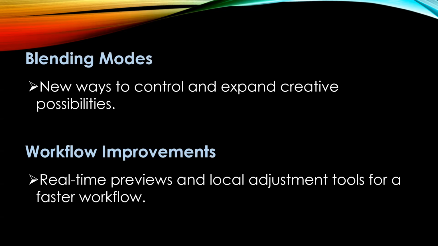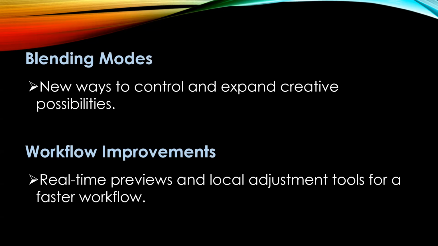And this is exciting for me and for all of us who like to blend our textures and things. In version 8, they introduced paper textures. Well, now you can also change the blending mode of those paper textures, which you could not do before. So that's pretty exciting. And then there's some other basic workflow improvements.